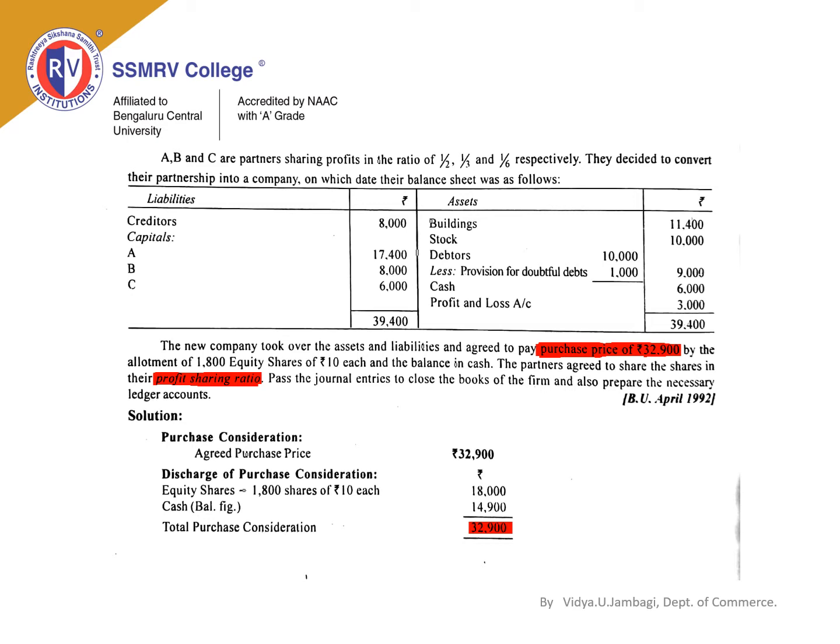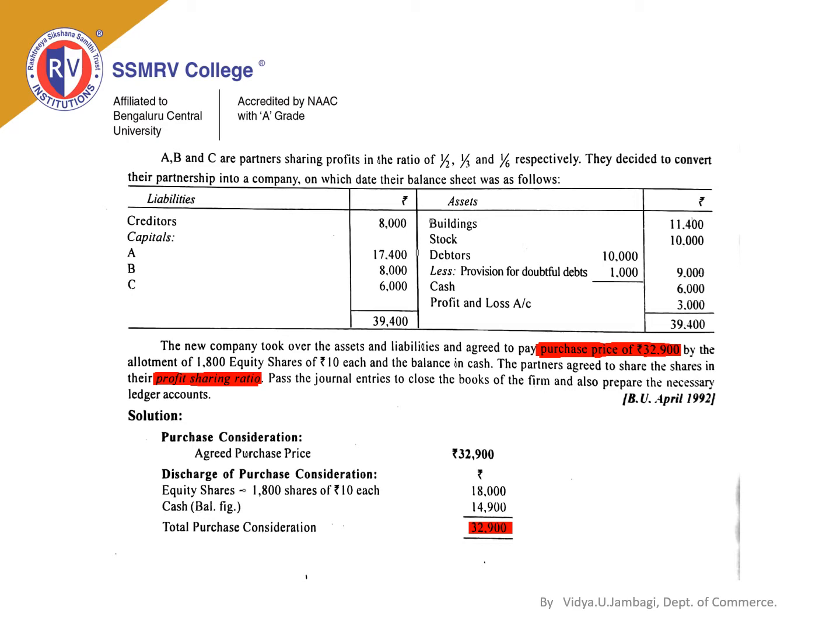So since the amount of purchase consideration is directly given to us, this is a problem under lump sum method. The purchase price is 32,900 and this is paid by allotting 1,800 shares of rupees 10 each and the balance in cash.